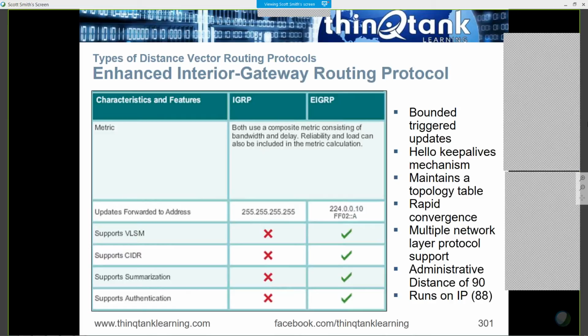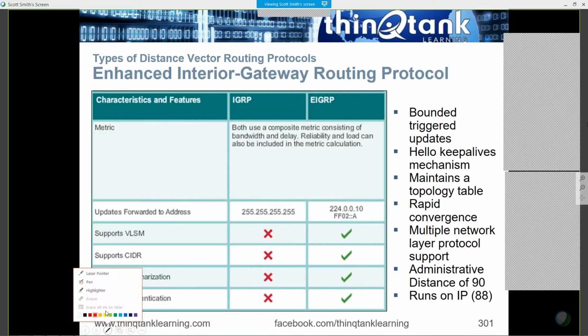So the metric for EIGRP and IGRP is a very good metric, even though mathematically it's rather complex. We're going to learn how that metric works later today or probably tomorrow, depending on how far we get today. We only have about 10 slides left in ICND1, so we'll probably at least get an introduction to EIGRP, and we'll do the implementation probably tomorrow.